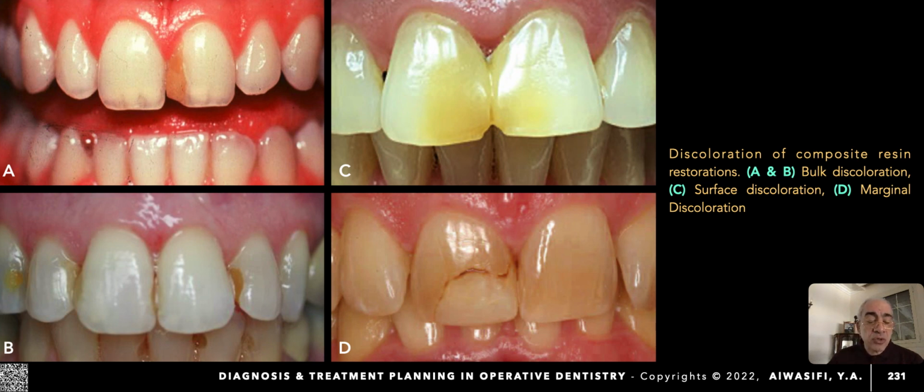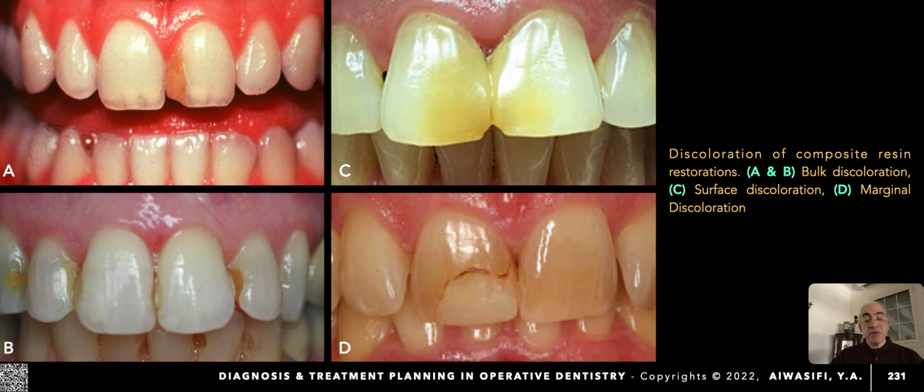I prefer to replace it, because many systematic reviews mention that most cases of repaired composite resin restoration will be fated to be replaced sooner or later. That's why it is better to replace it from the beginning.